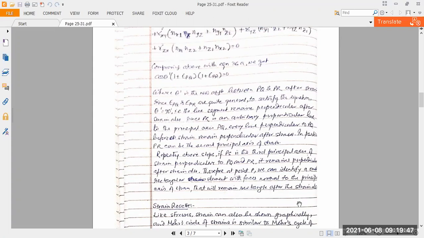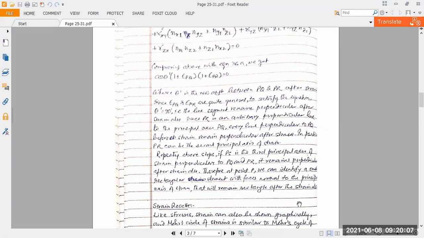So therefore at P, we identify a rectangular element with faces normal to the principal axes of stress that will remain rectangular after the strain itself. This is because we have three axes PS, PQ and PR mutually perpendicular to each other, as we have proved.